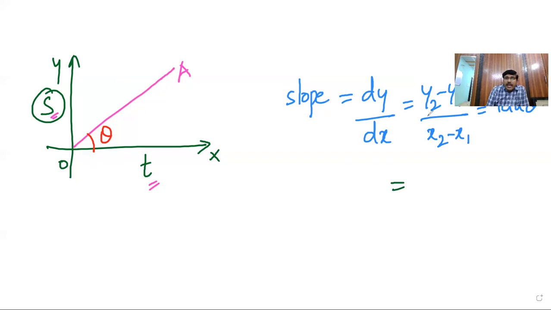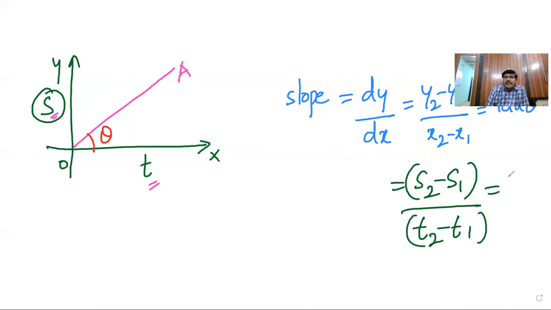That means in place of y2, s2; in place of y1, s1; and in place of x2, t2; and in place of x1, t1, which is equal to tan theta. This is nothing but slope.